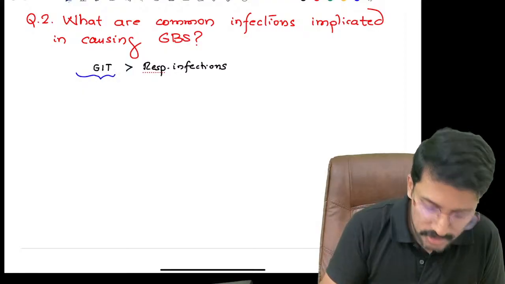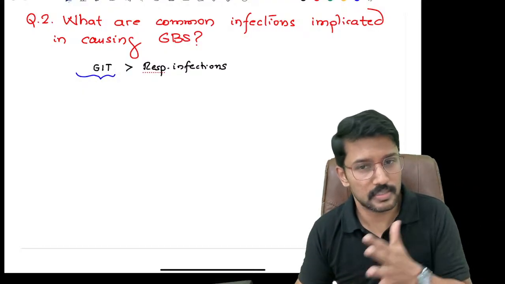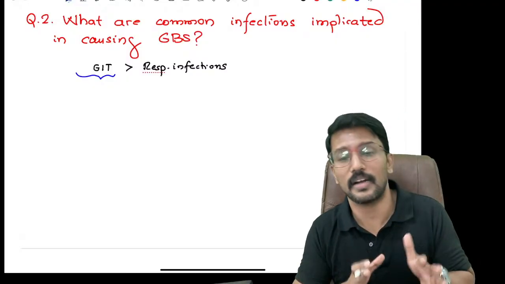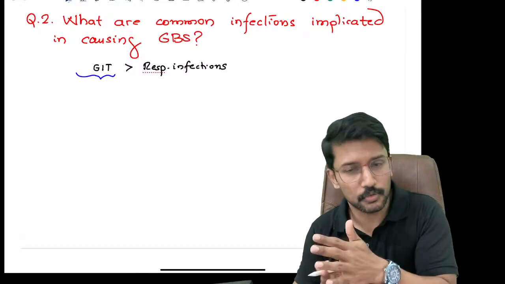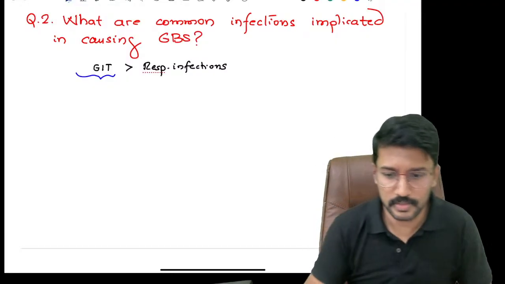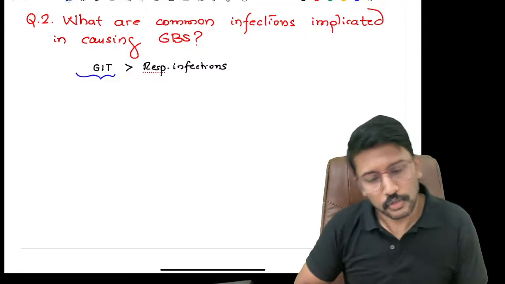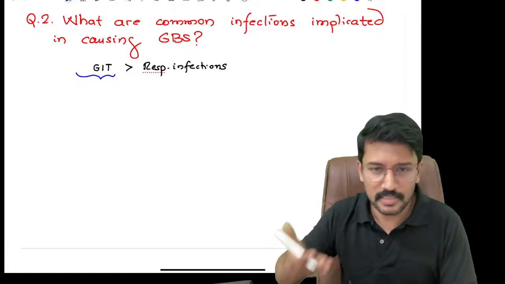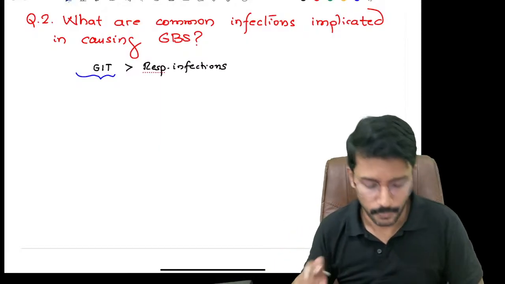Now, what are the common GIT infections which have been known to cause the GB syndrome? The first thing that should come to your mind, in fact, most of the MCQs that start with the infection leading to GB syndrome talk about this organism. What is that? Yes, it is a bilateral symmetrical lower limb weakness, ascending up is how these patients present. Okay.